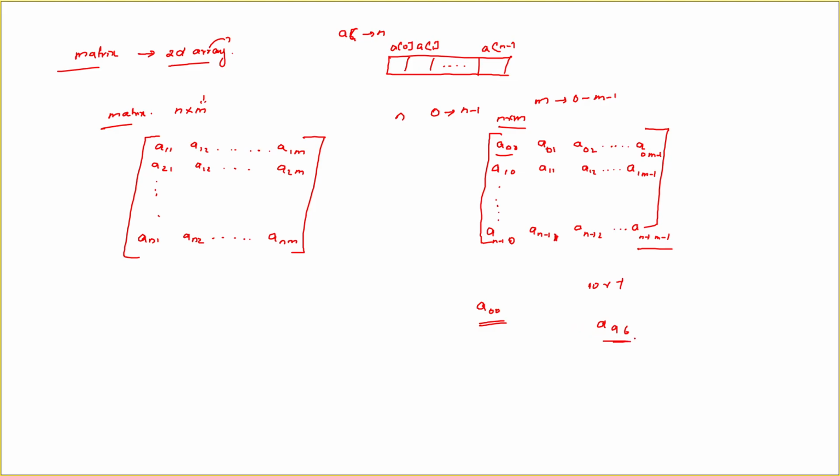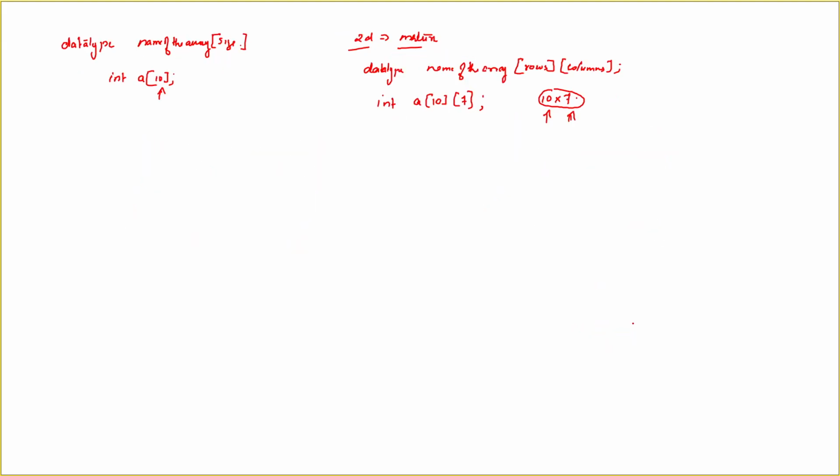So a[9][6] will be the last element. I hope it is clear. That is how we declare a matrix.